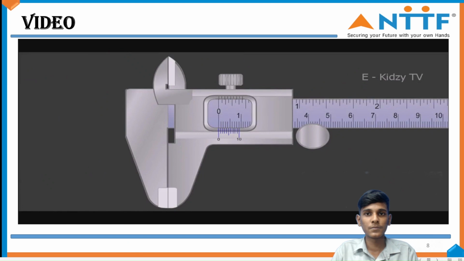This means that when jaws J1 and J2 are closed, the total length of n divisions on the vernier scale is equal to n-1 divisions on the main scale.